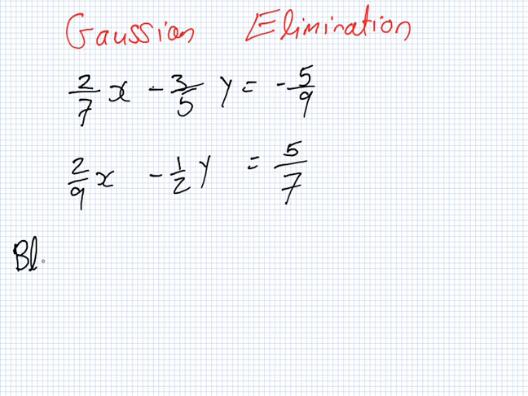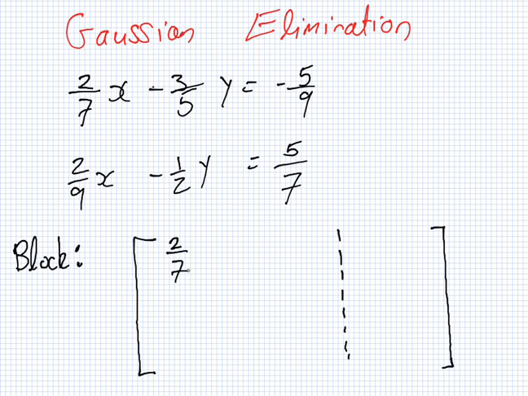So what we do first is we write this in a block. 2 over 7, minus 3 over 5, minus 5 over 9; 2 over 9, minus a half, and 5 over 7.